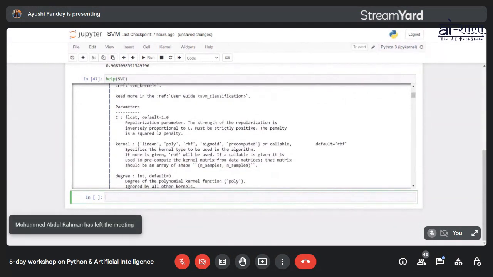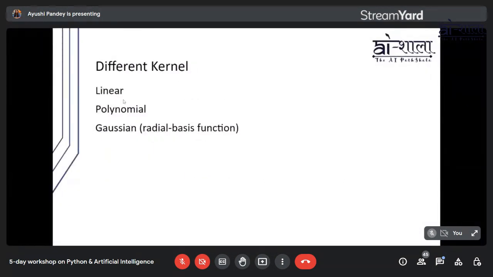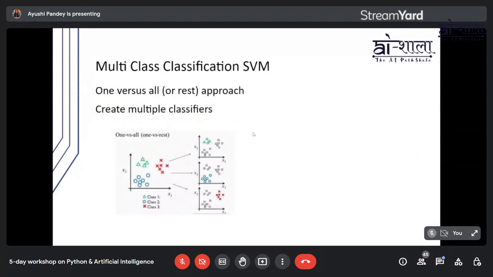It's a float value regularization parameter. The strength of the regularization is inversely proportional to C. So the smaller the value, the higher the margin. These are the different kernels: linear, polynomial, and radial basis function, which is the default in SVC.